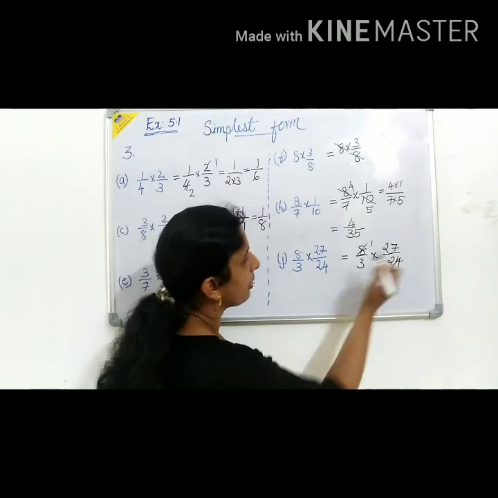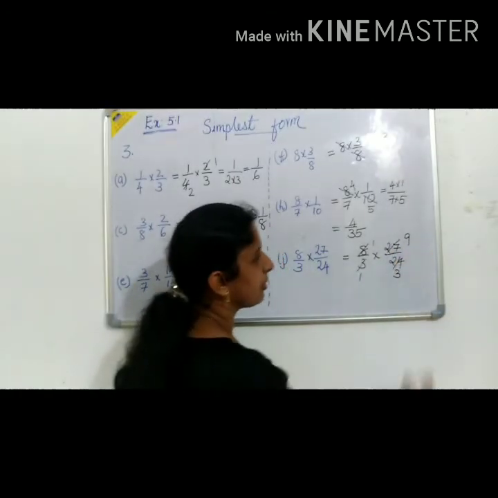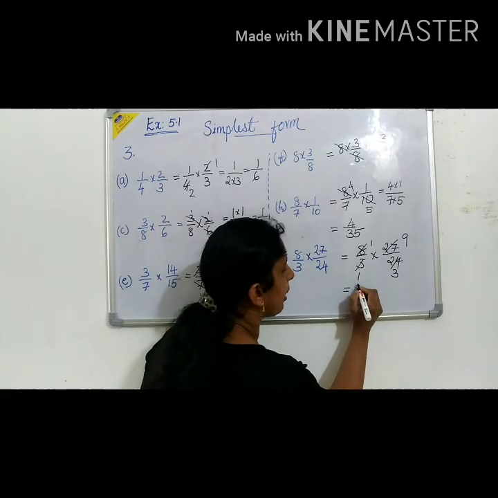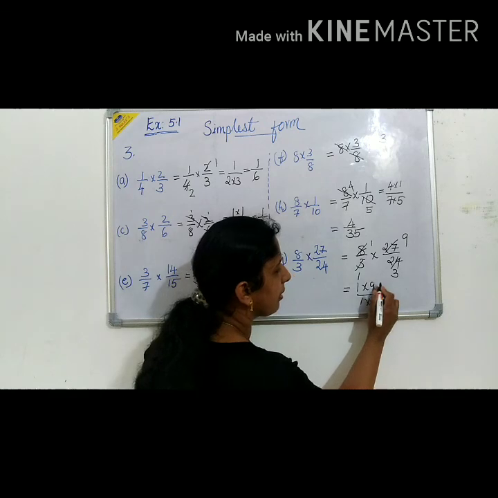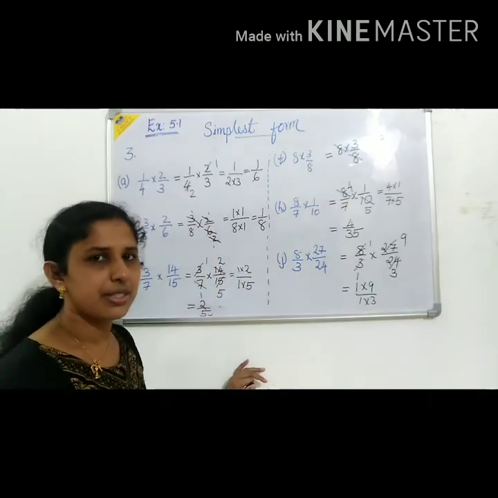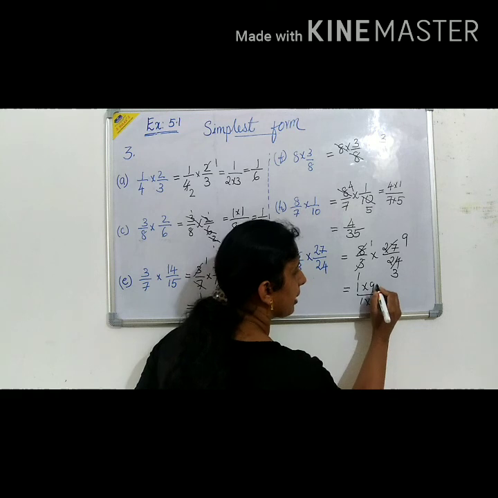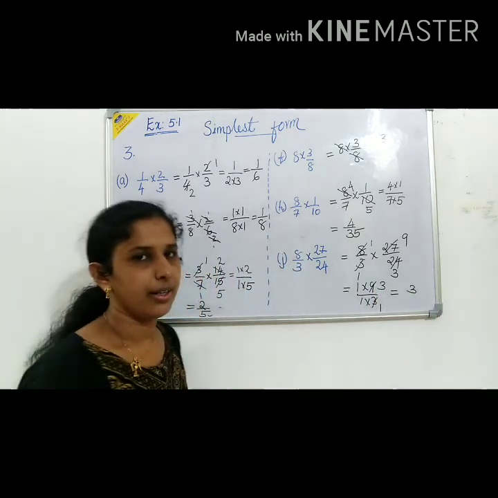Okay, now 3 and 27. 3 by 3 become 1, 27 by 3 is equal to 9. Now the obtained fraction is 1 into 9 by 1 into 3. 3 and 9 both are divisible by 3. So again we can divide. 3 by 3 become 1. 9 by 3 become 3. So answer is equal to 3.